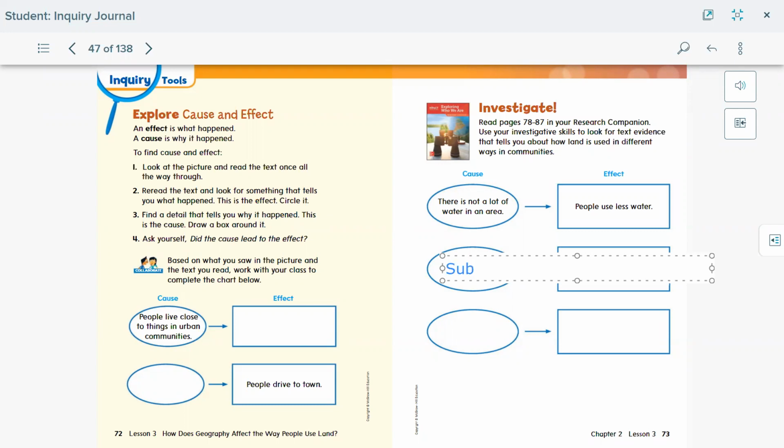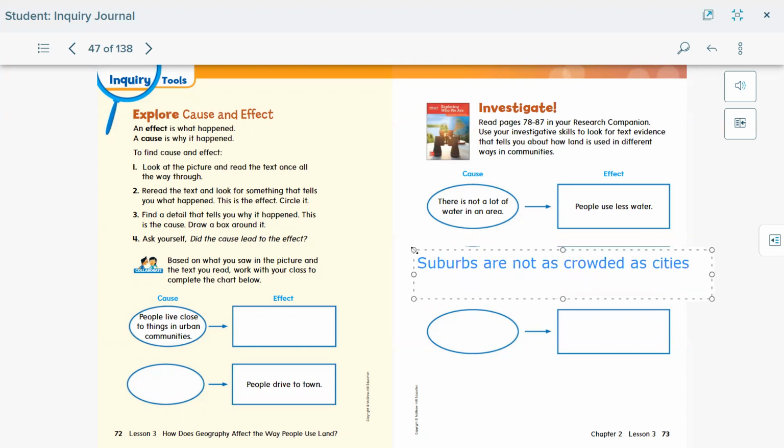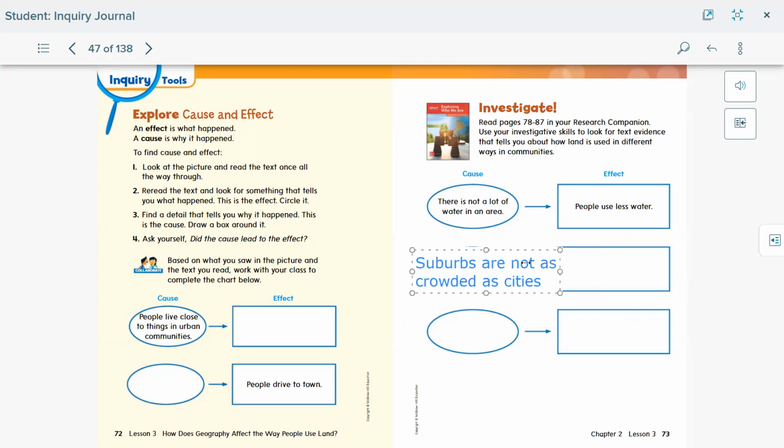So if we talked about suburbs, we know that they are not as crowded as the cities. So that's a cause.